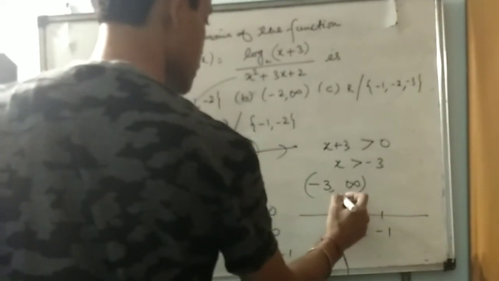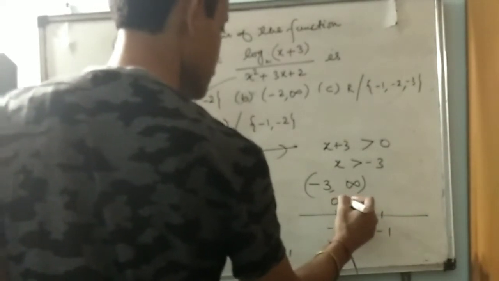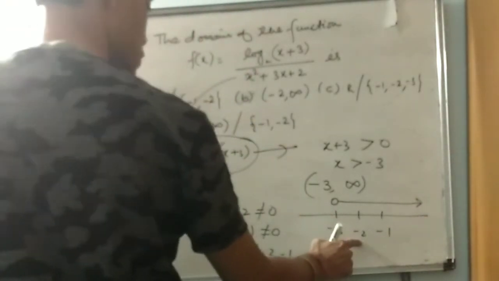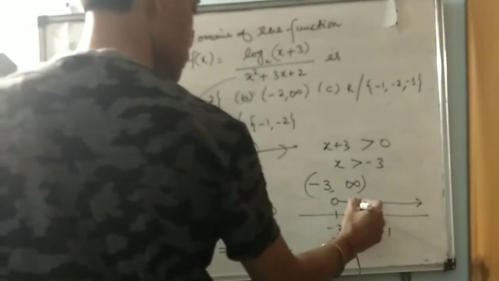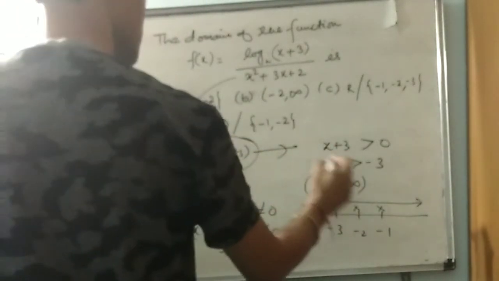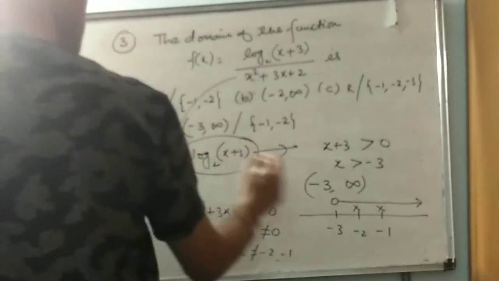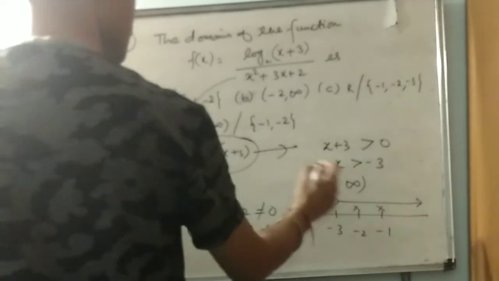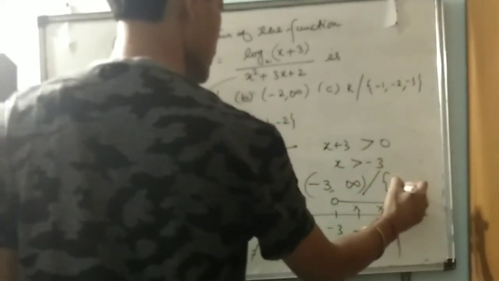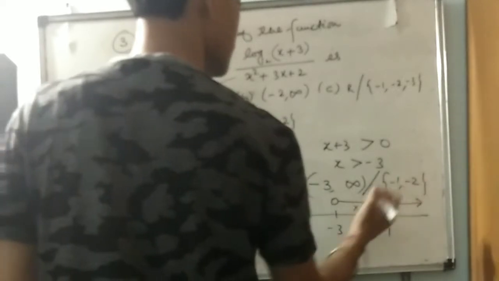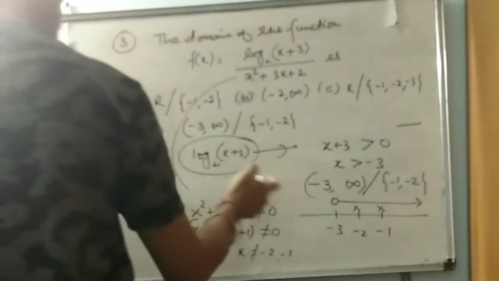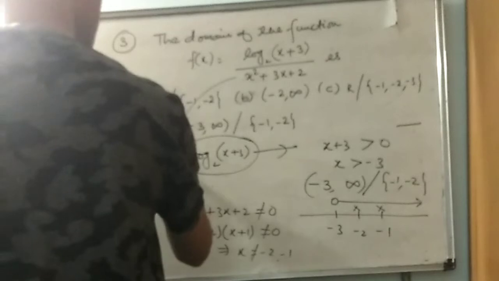So earlier we got x greater than minus 3. But since it is not defined at minus 2 and at minus 1, therefore its domain will be minus 3 to infinity, except these points. So option D is correct.